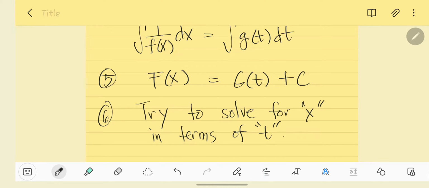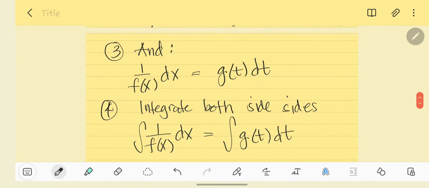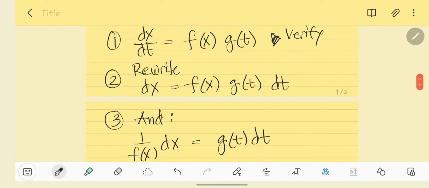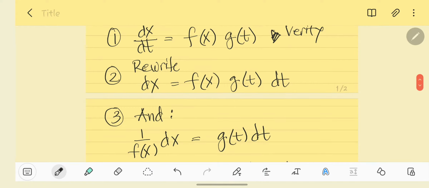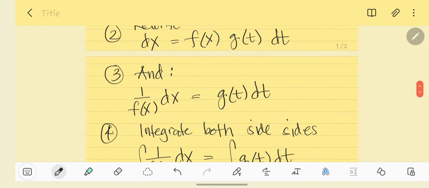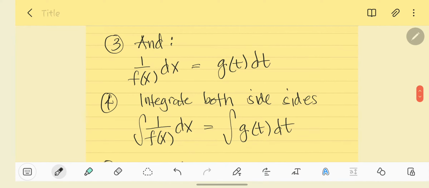So that's the steps in finding the solution for a variable separable equation. So step 1 is verify dx over dt is equals to function of x times function of t, and then rewrite the equation into dx is equals to function of x times function of t dt, and then combine the like terms. 1 over function of x times dx is equals to function of t dt, and then integrate both sides.